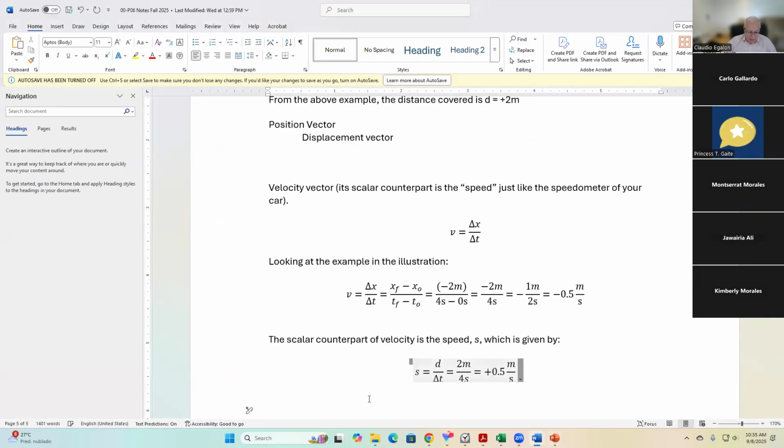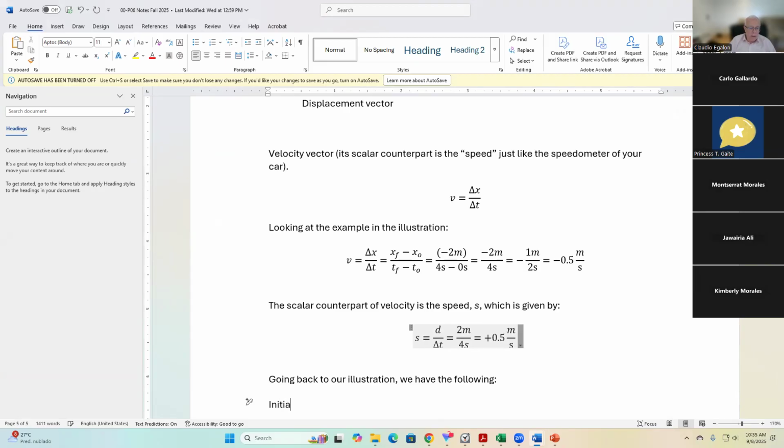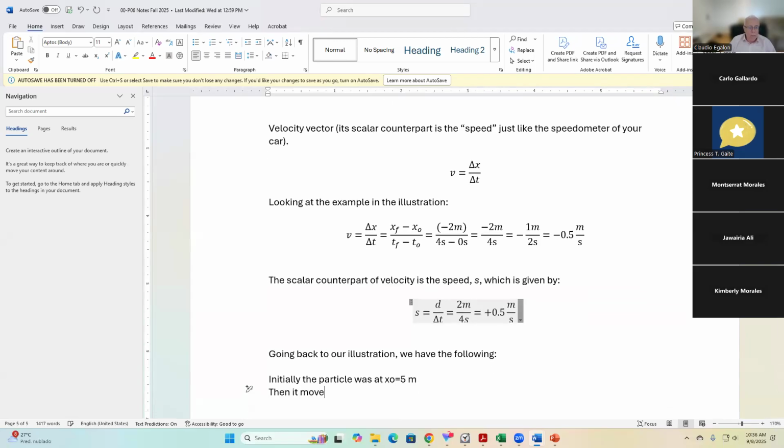Going back to our illustration, we have the following. Initially, the particle was at x naught equal to 5 meters at t naught equal to 0 seconds.